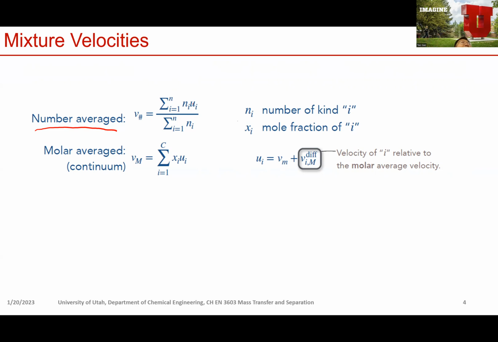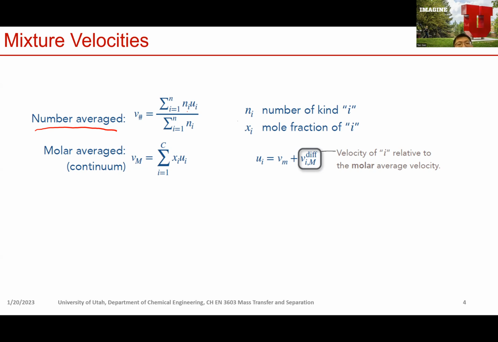Following the previous example, for species A, there are many different particles, but they're moving at different velocities, right? Let's say we can track all of the velocities. Then we can count how many particles are moving at one particular velocity.